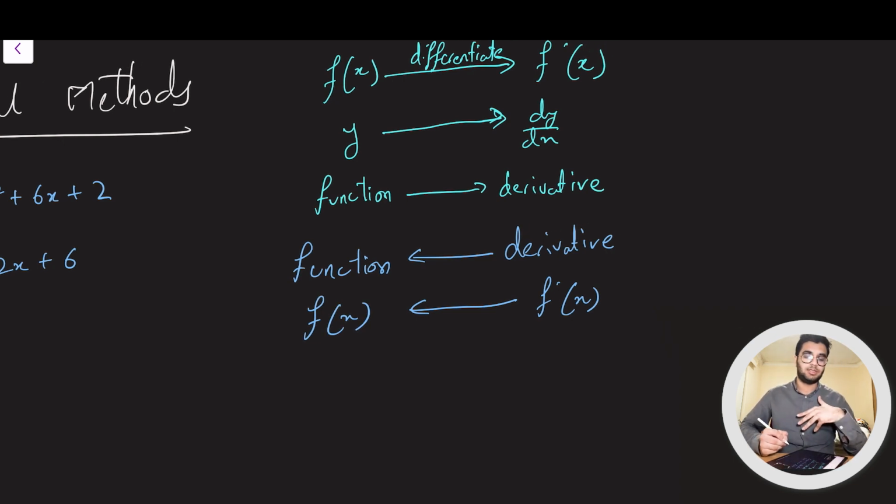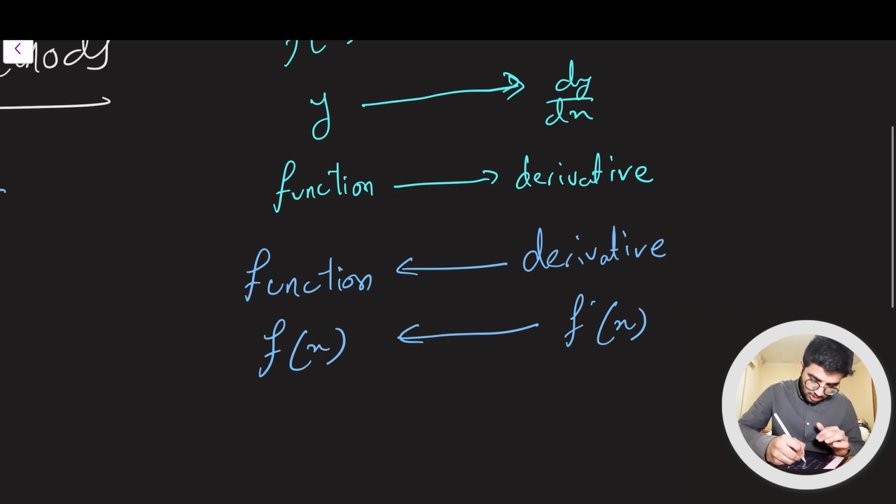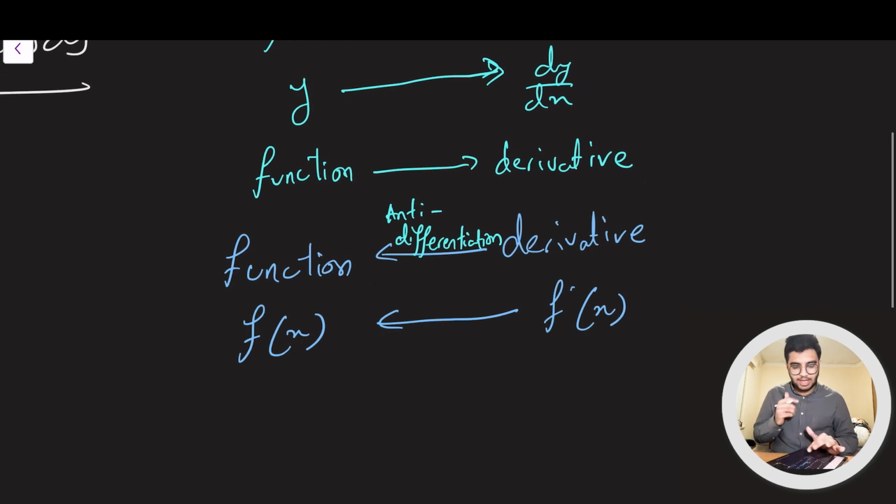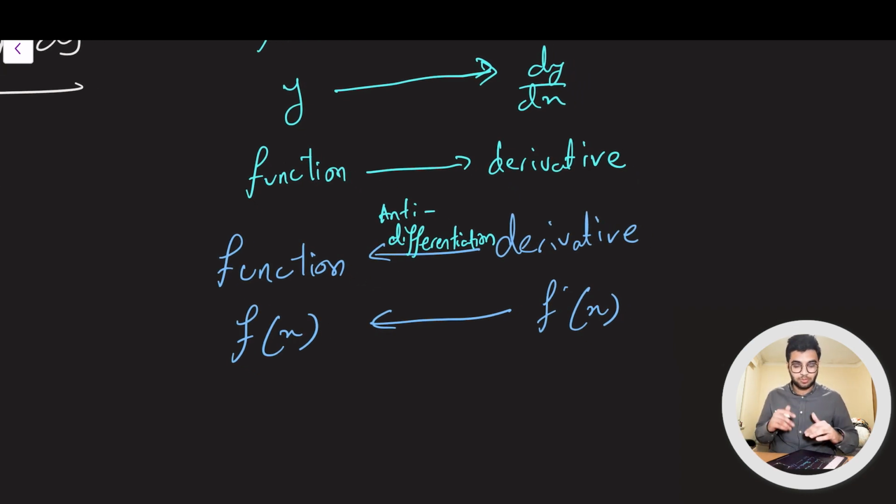This process is not called differentiation, it's called, very originally, anti-differentiation, because you're undoing the differentiation. It is literally undoing the differentiation process. That is all you do through this process.